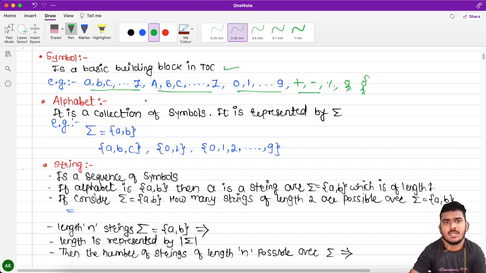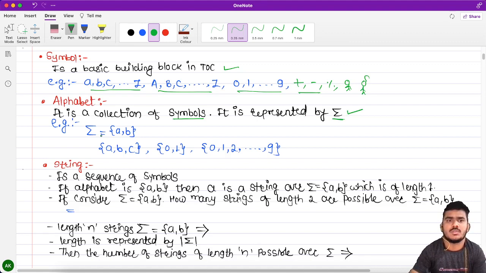Then what is the alphabet? Alphabet is a collection of symbols. Meaning if we collect one or more symbols together, that is called an alphabet, a collection of symbols, and the alphabet is represented by the summation symbol.